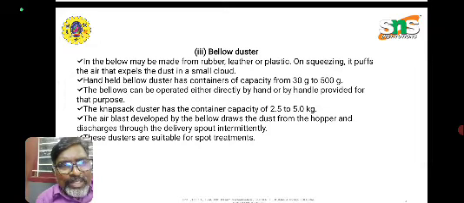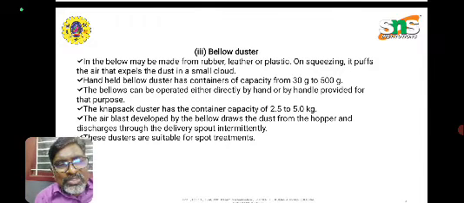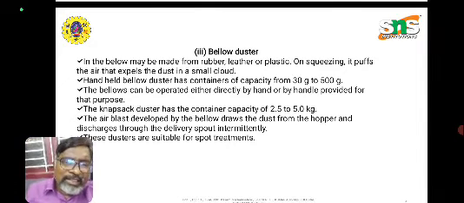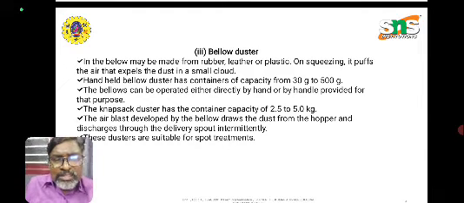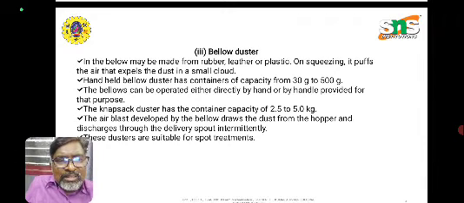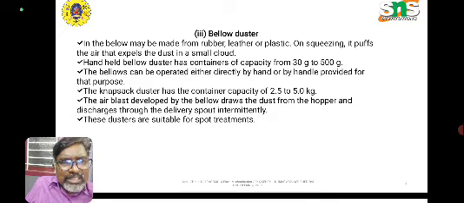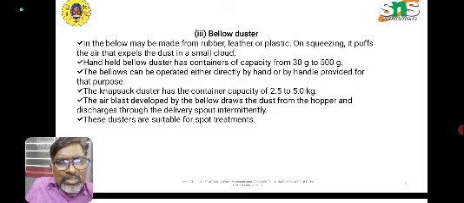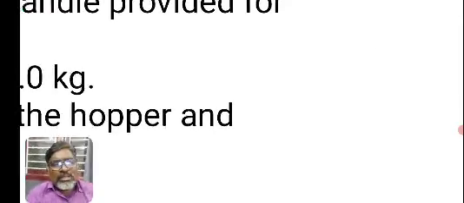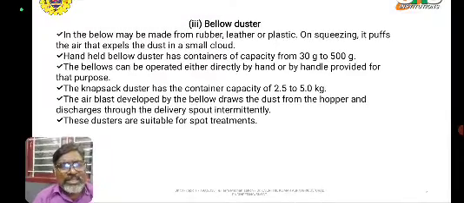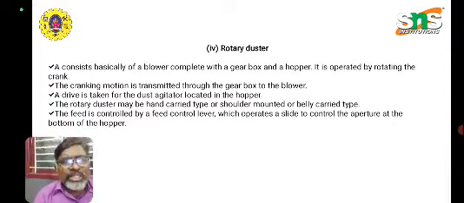The bellows can be operated either directly by hand or by means of a handle provided for that purpose, so it is possible to apply insecticides in the form of fine powder. The knapsack duster has a container capacity of 2.5 kg to 5 kg. The air blast developed by the bellow draws the dust from the hopper and discharges it to the delivery spout immediately. These dusters are suitable for spot treatments.